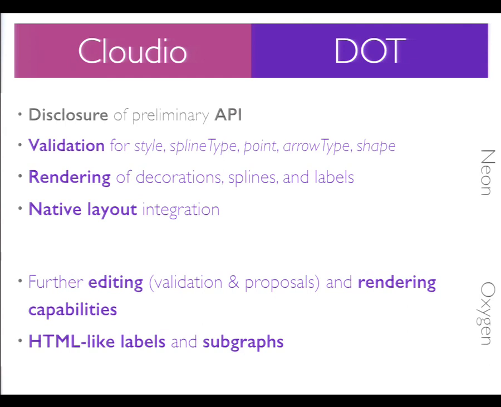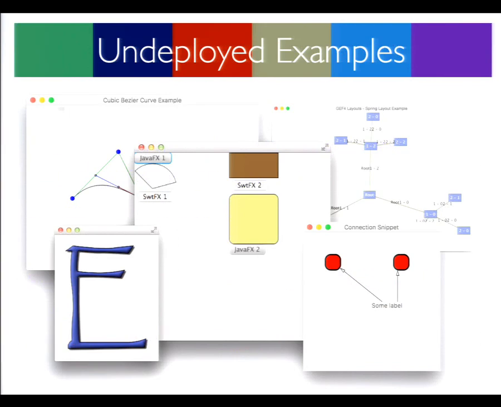And in both cases, so for these HTML-like labels and for subgraphs, we are lacking the rendering support in our viewer, and we want to close that gap as well. And enriching the editor with further validation capabilities and proposals so we can come up with a complete dot or Graphviz dot authoring environment in the Oxygen context.